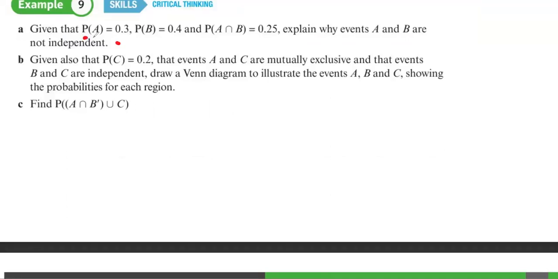Given that P(A) equals 0.3, P(B) equals 0.4, P(A intersection B) equals 0.25, explain why events A and B are not independent. How to do that? P(A) times P(B) should be equal to P(A intersection B).